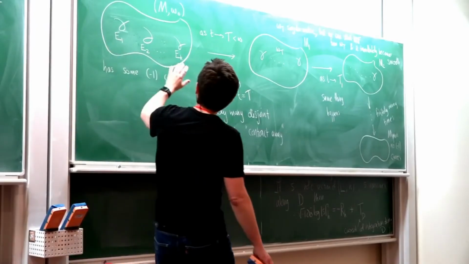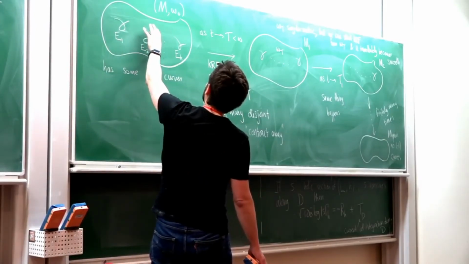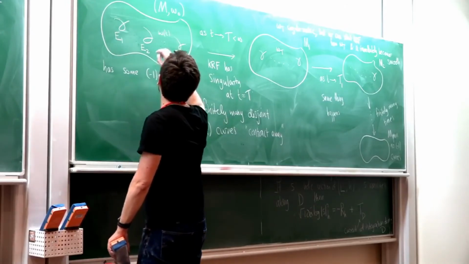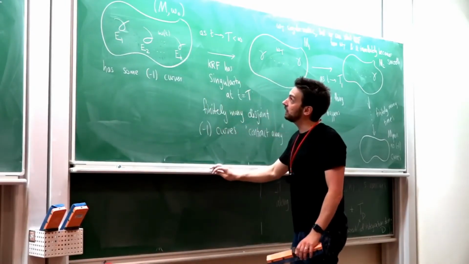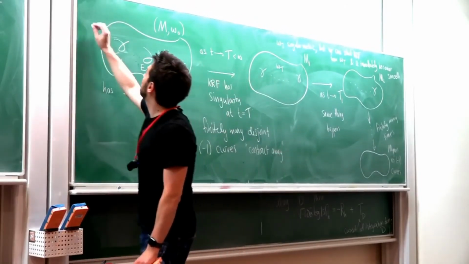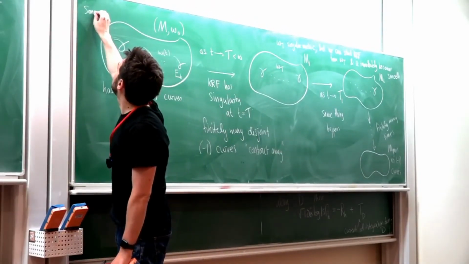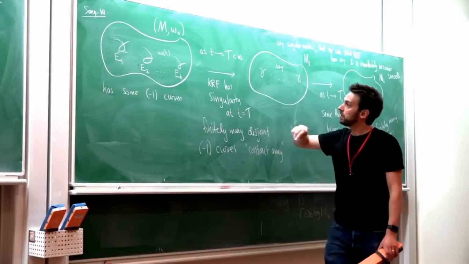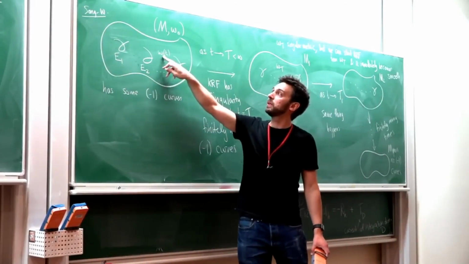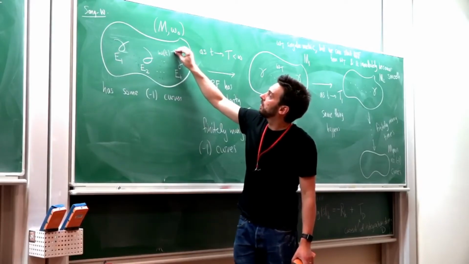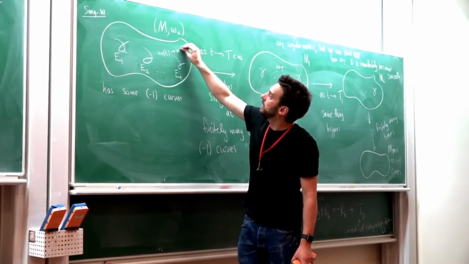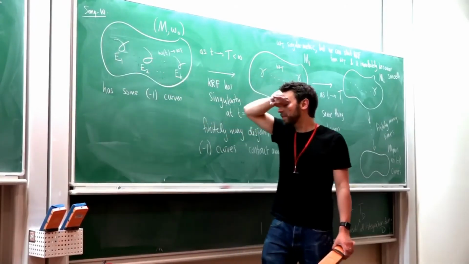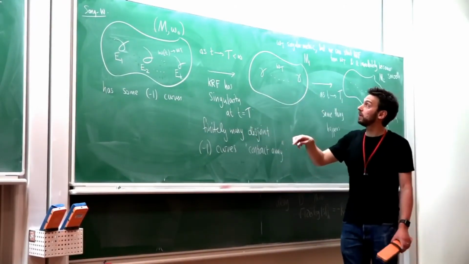And what we get is we get metrics here, omega t, and then what we can show. So I should say that this is joint work with Jian Song. We did it quite a few years ago. This is not very new. What we show is that omega t will converge smoothly to some metric, which has some singularities on a finite number of disjoint minus 1 curves.